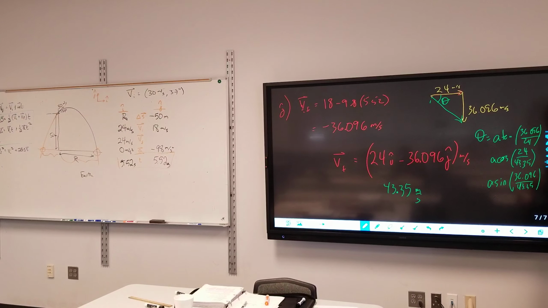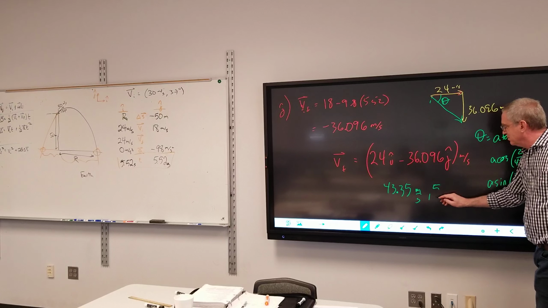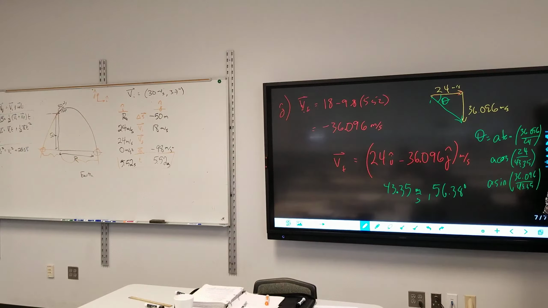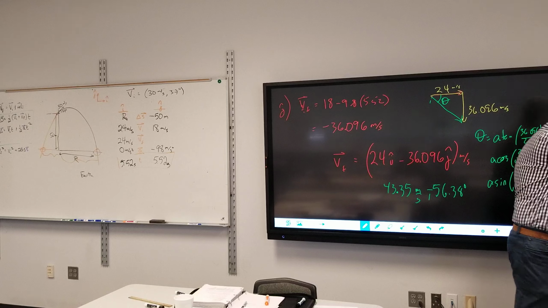It's 56.38 degrees. One small error: I could very well believe that the angle is 56.38 degrees, but the vector is not in that direction. It's negative, because it's going down like that, not being shot up like that.